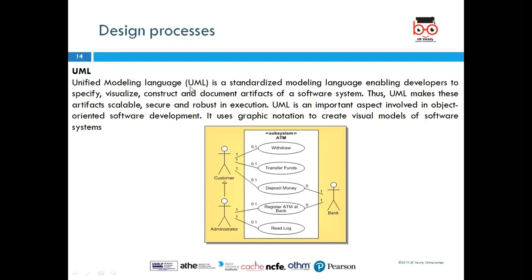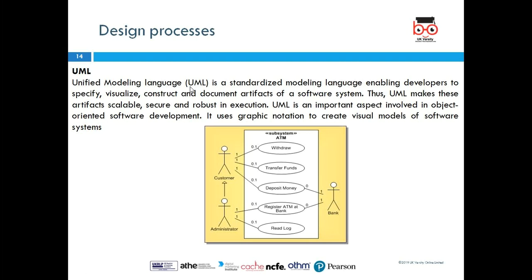It's a standardized modeling language that enables developers to specify, visualize, construct and document artifacts of a software system. Thus, UML makes artifacts scalable, secure, and robust in execution. UML is an important aspect involved in object-oriented system development.